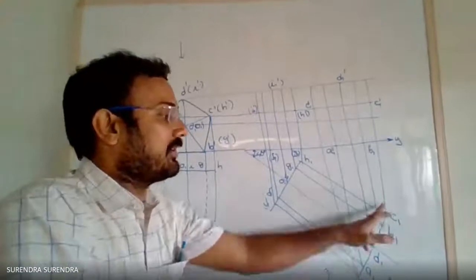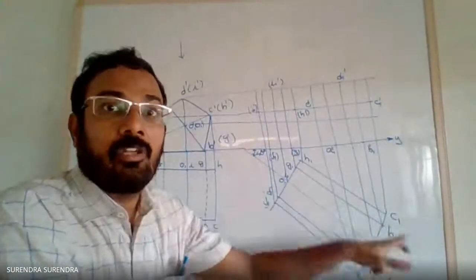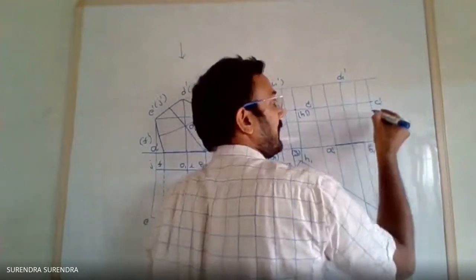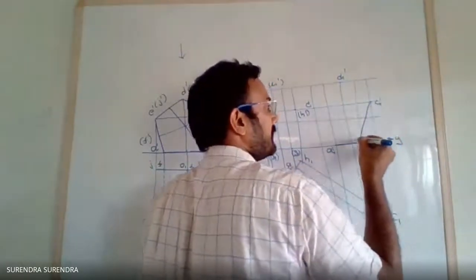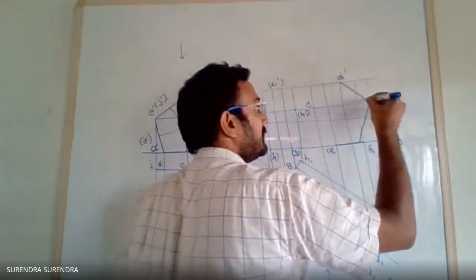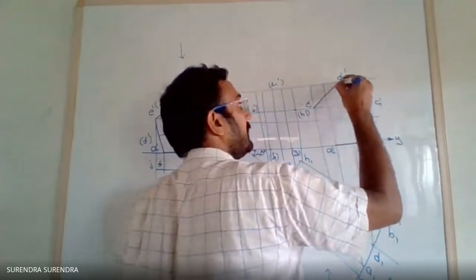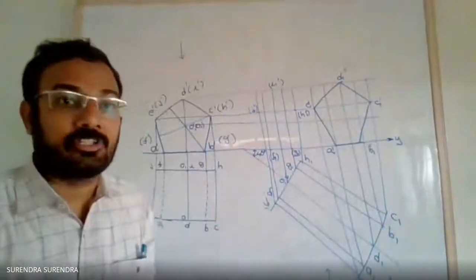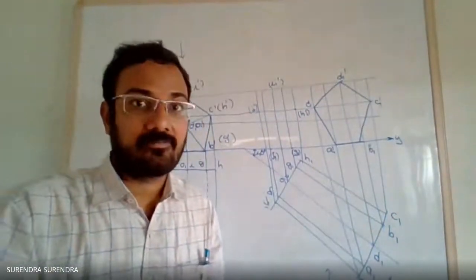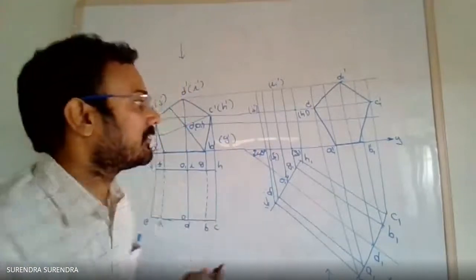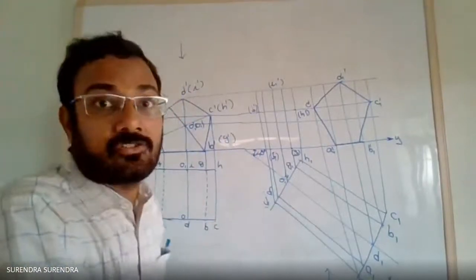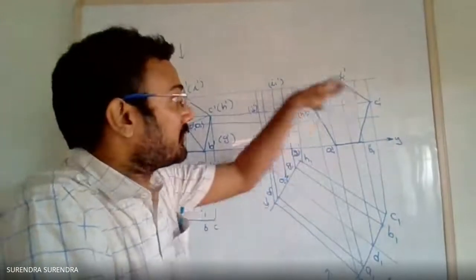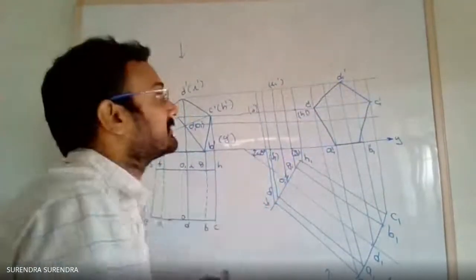Now, as we already discussed, one base is completely visible. So, join AB, BC, CD, DE, EA. Coming to the second base, first draw the lines which are on the outermost boundary with continuous lines.